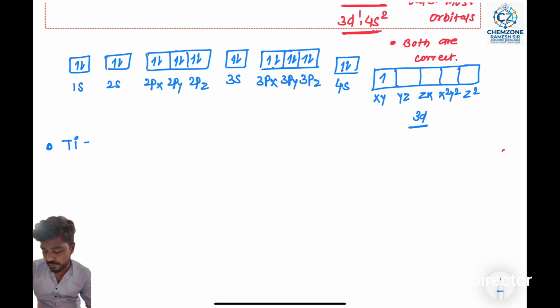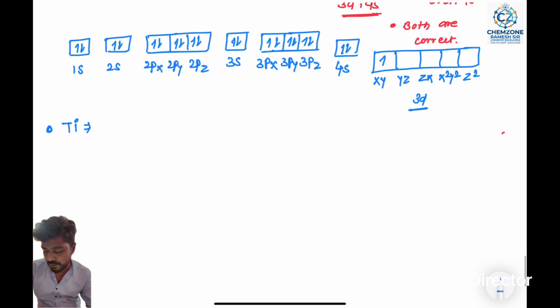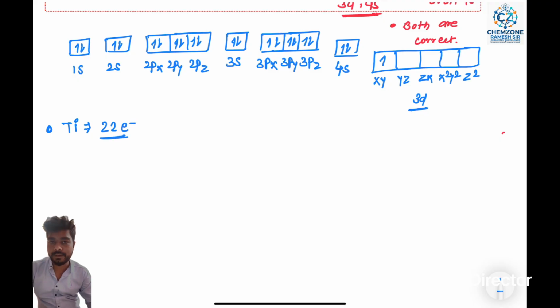Ti has 22 electrons. Atomic number is 22.